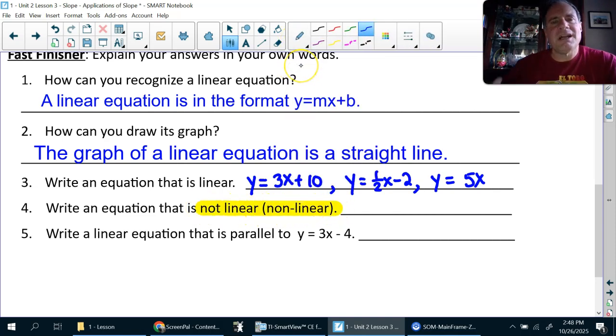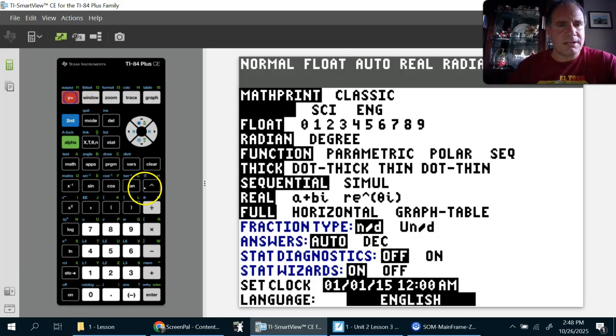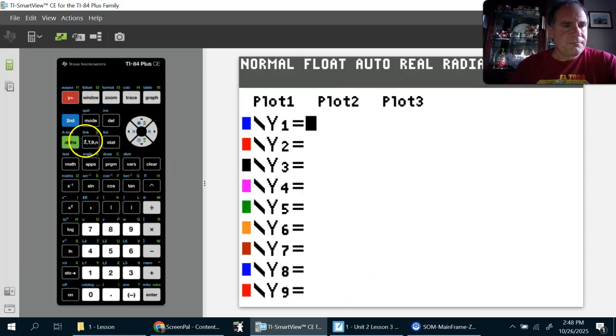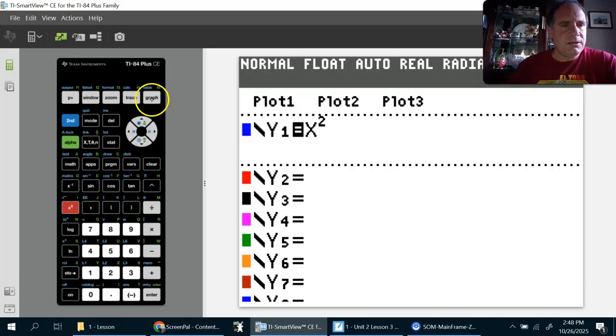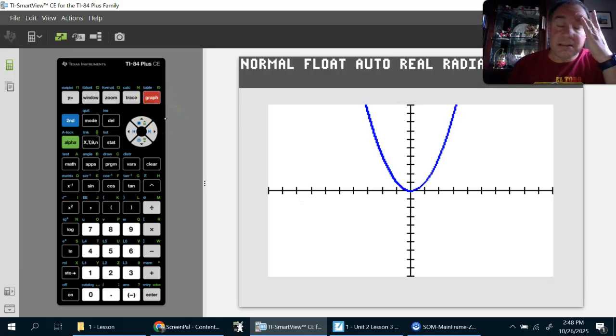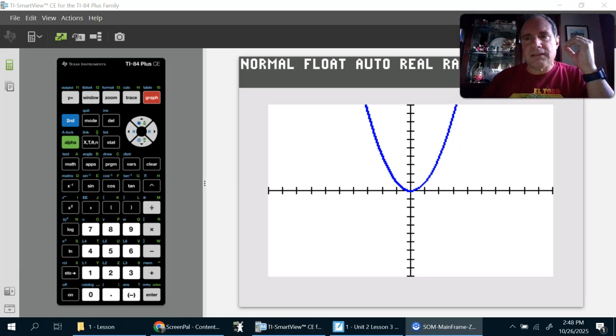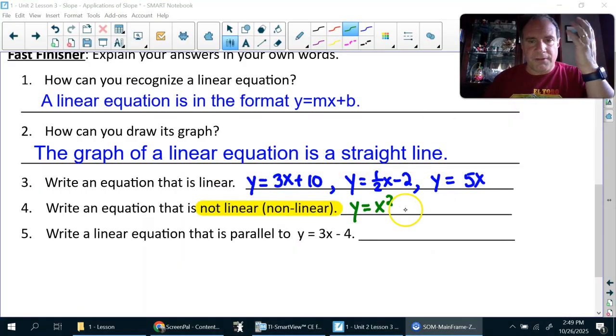So this is not an equation that is in y equals mx plus b. There are a couple of different equations that are non-linear. If you put y equals x squared into your calculator, you could see that this is not linear. It's a parabola, so that is a non-linear function.